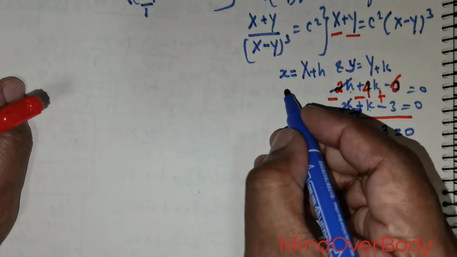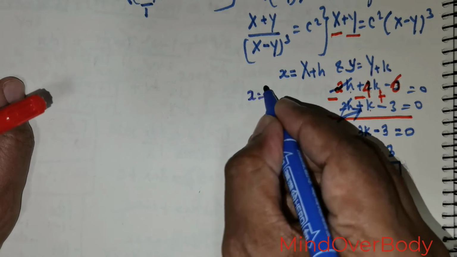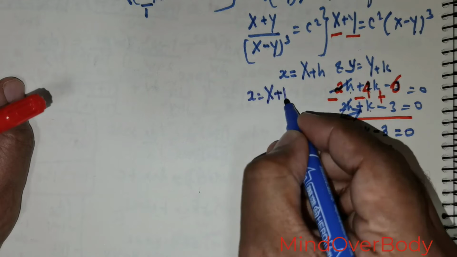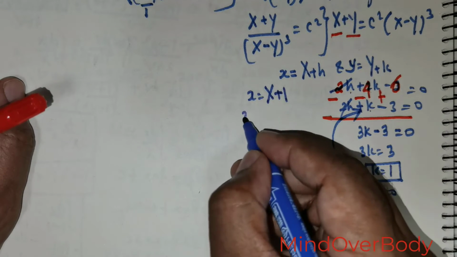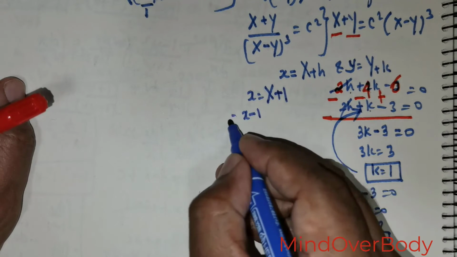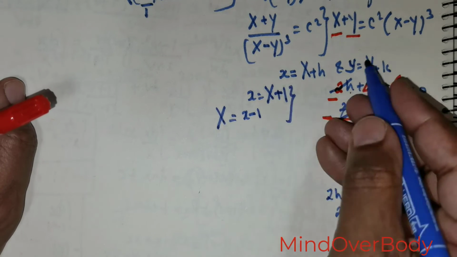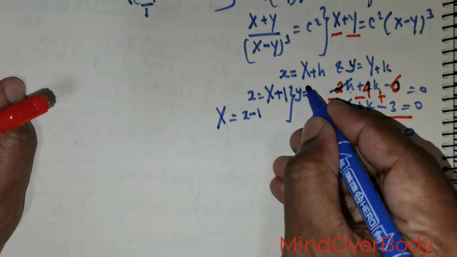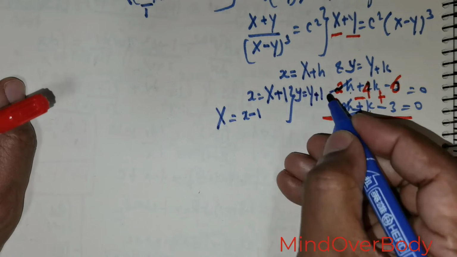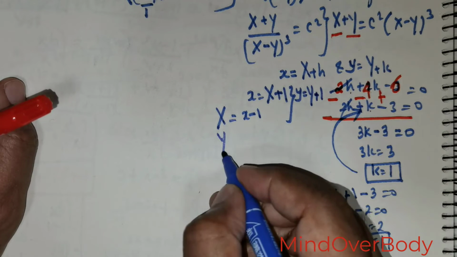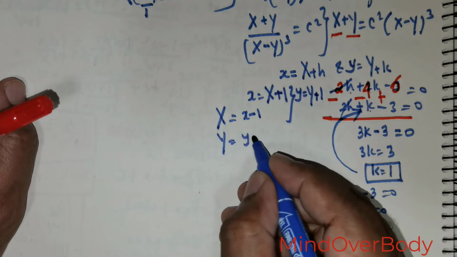So from here, if I were to substitute, X is equal to capital X plus 1. So that means X minus 1 will be my capital X, and over here I get Y is equal to capital Y plus 1. So capital Y is going to be Y minus 1.